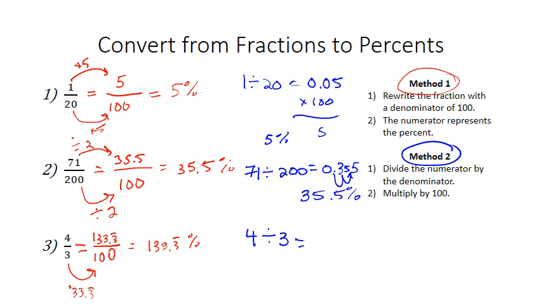I get 1.3 repeated. I multiply that by 100 or move the decimal over twice, and I get 133%. Well, 0.3 to the infinity to make sure it's an exact percent. So it doesn't matter to me which method you want to use, either works.